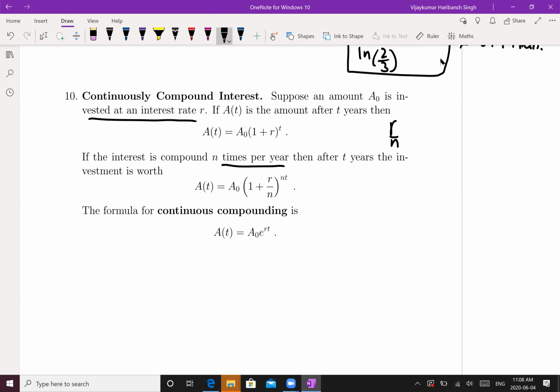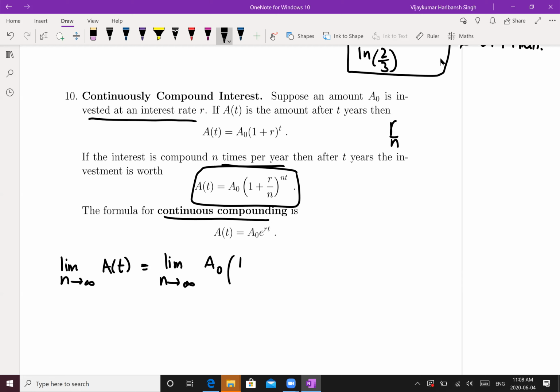Now, why is that the case? Let's look at the limit. Continuous compounding means you're compounding every instant, so you are basically looking at n goes to infinity. You have AT, and you're compounding n times a year, so limit as n goes to infinity of A0 (1 plus R by n) to the power nt, right?